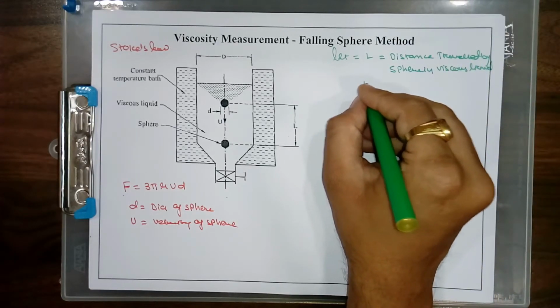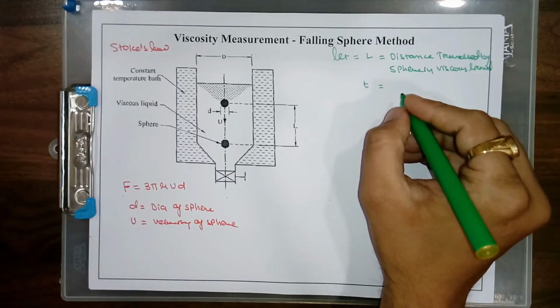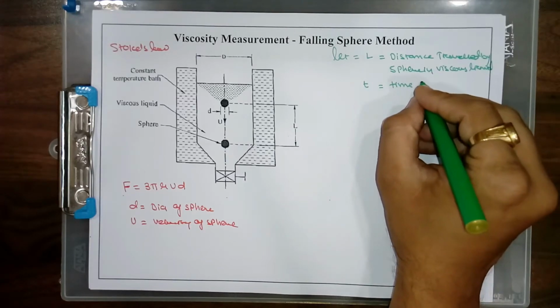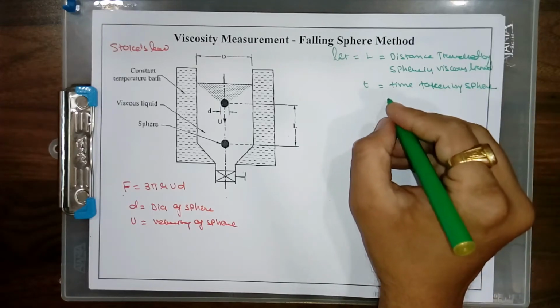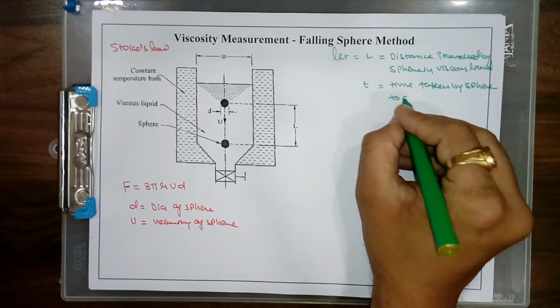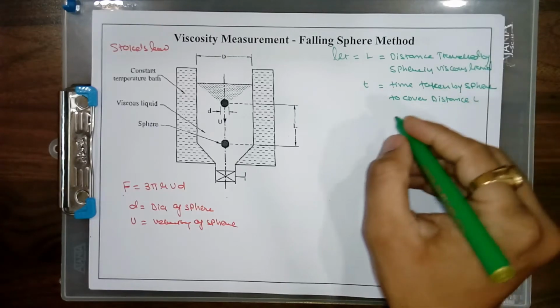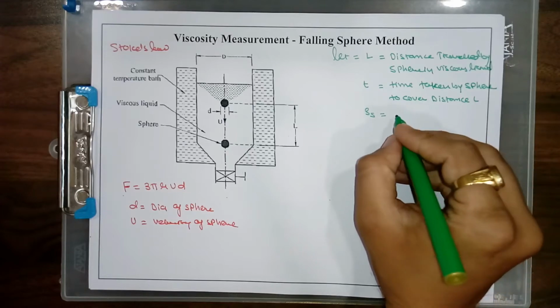T is the time required by the sphere to cover the length L. Rho S is the density of the sphere.